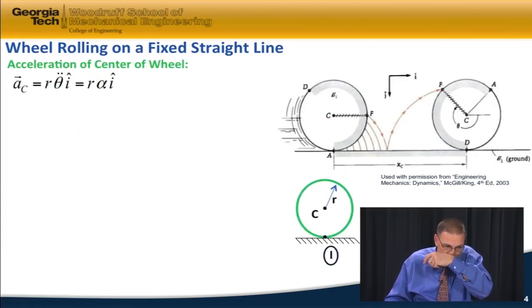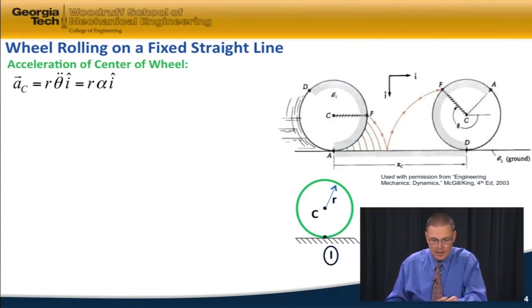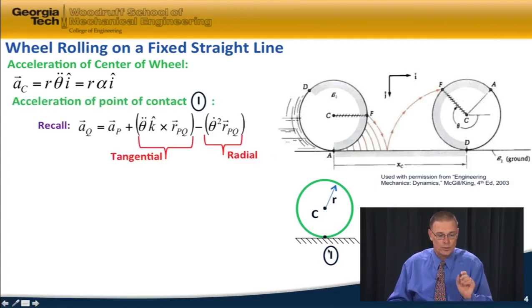Okay, now let's take that acceleration of the center of the wheel and go down and find the acceleration of the point of contact, which is unknown. So we're going to go from this new known to an unknown. You recall my equation for acceleration.